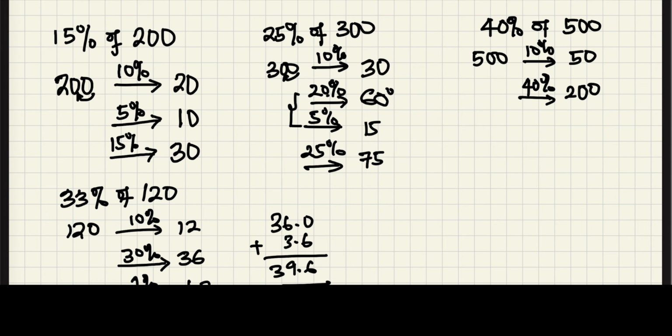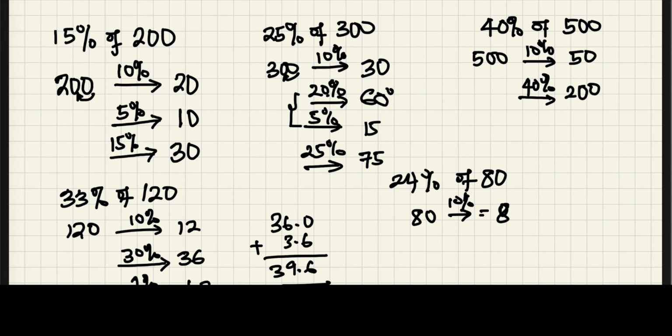That's how it works. Same thing if I have something like 24% of 80. Let's start with 10%. 10% of 80 will be, oh, my bad, let me take that back. 10% of 80 will be 8, right? Good.